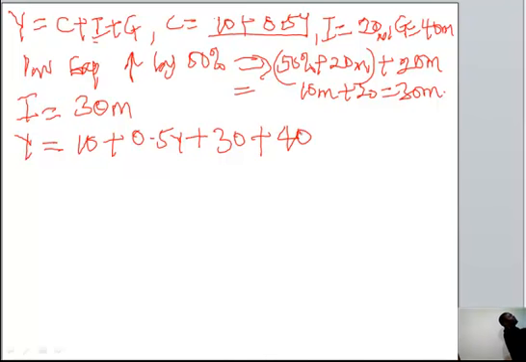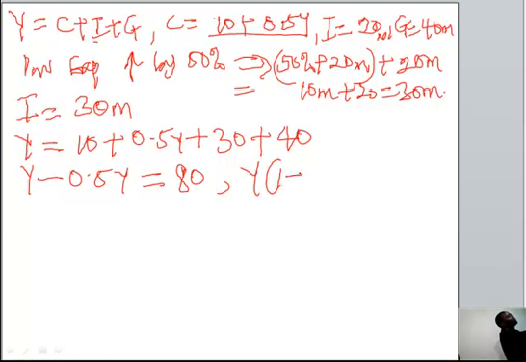If you collect like terms, we have Y minus 0.5Y equals 10 plus 30 plus 40, which is 80. Upon factorization, we have Y into brackets 1 minus 0.5 equals 80.